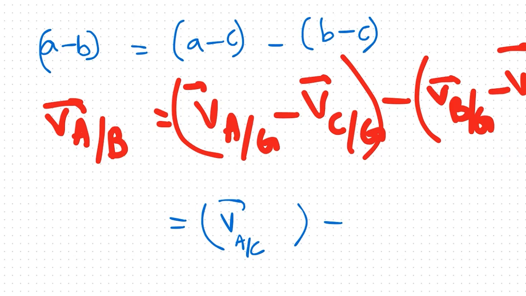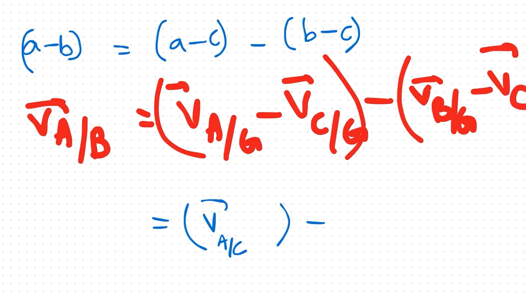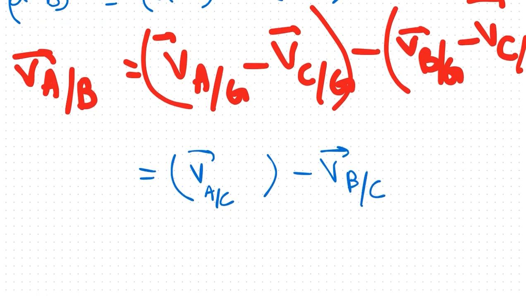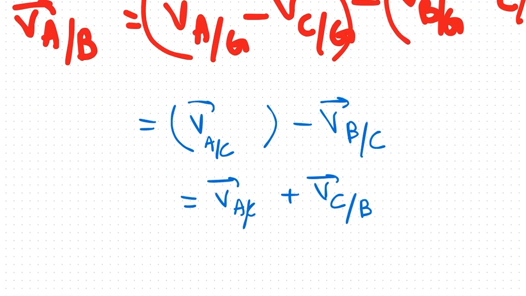Since it's negative, it would be the velocity of C with respect to B, or minus VBC. So it is the same as VAC plus VCB, so VAB. So it's like C is being introduced in between.